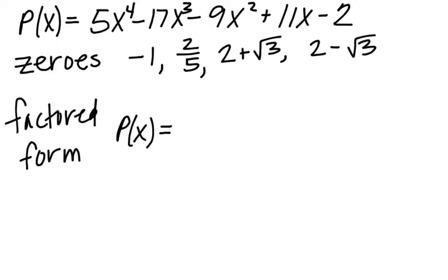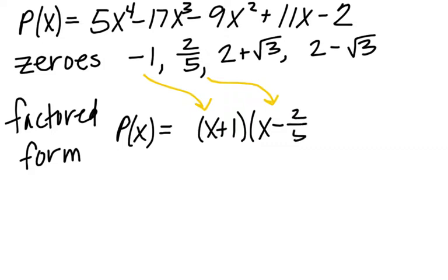When we look at the zero of -1, if you turn that into a factor, the factor would be x plus 1. Look at 2/5, which is our zero. It would come from a factor of x minus 2/5. Then 2 plus the square root of 3.